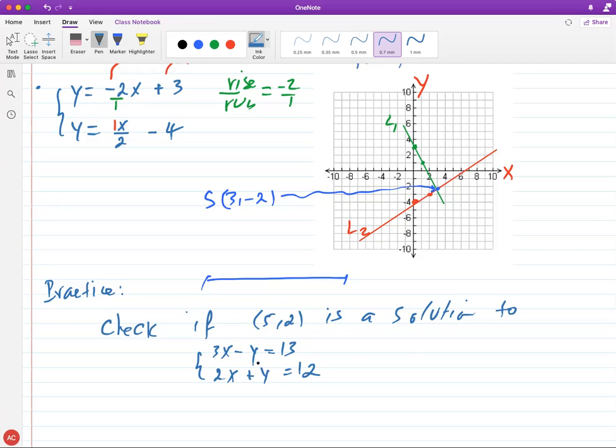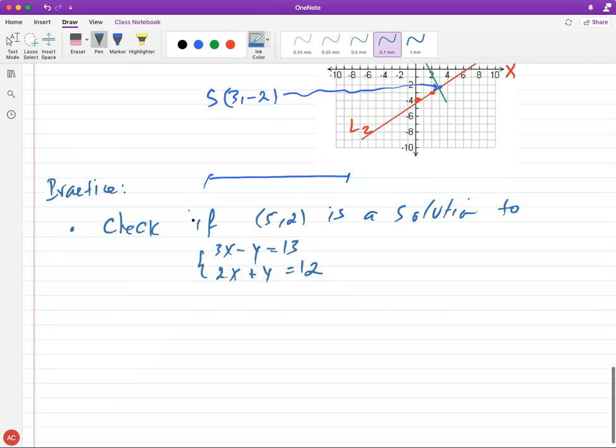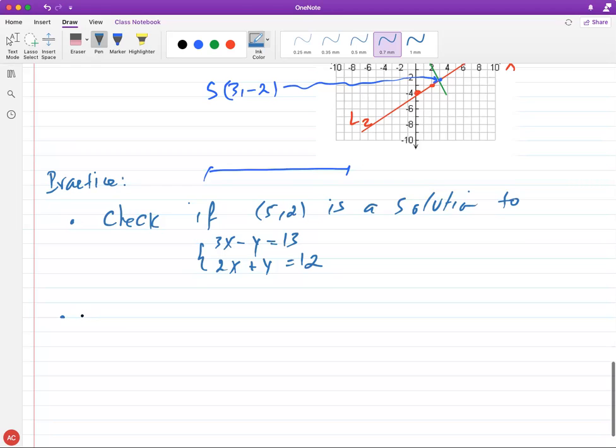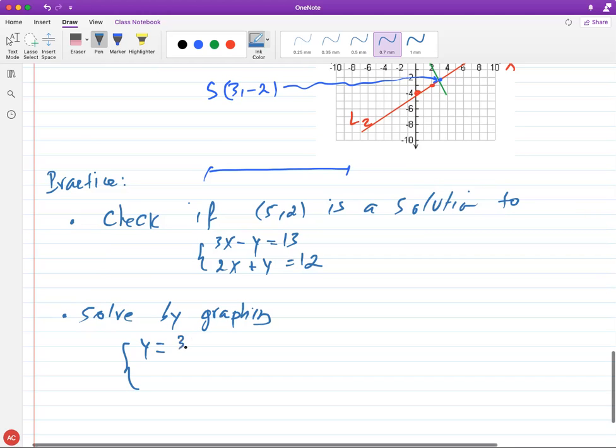So we're going to check this point, plug it into this system and see if it's a solution. And also, we need to graph, well, solve by graphing this system and another one here.